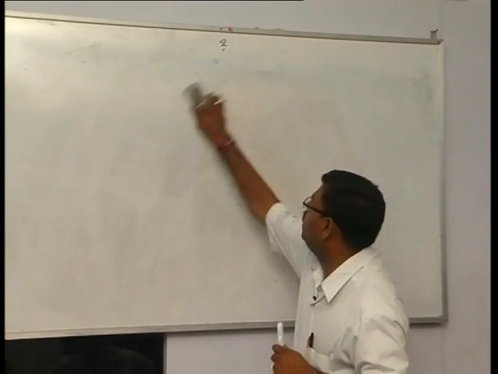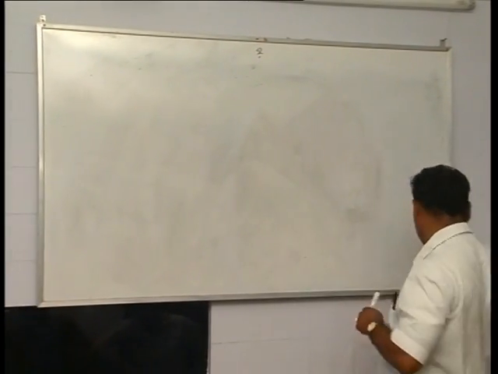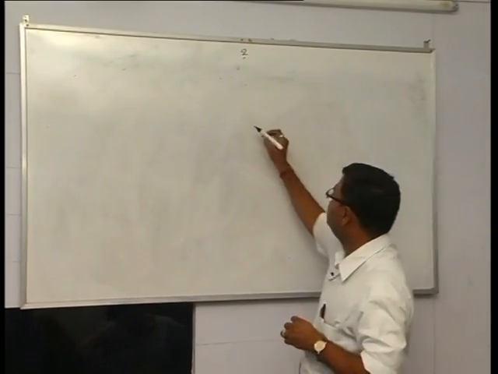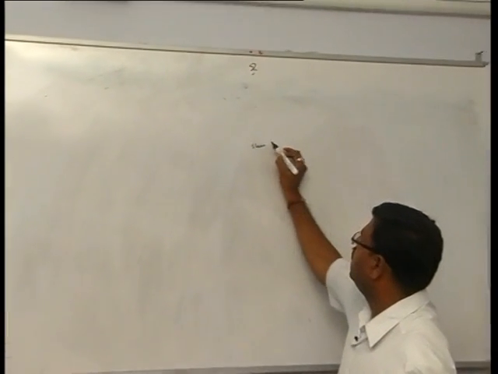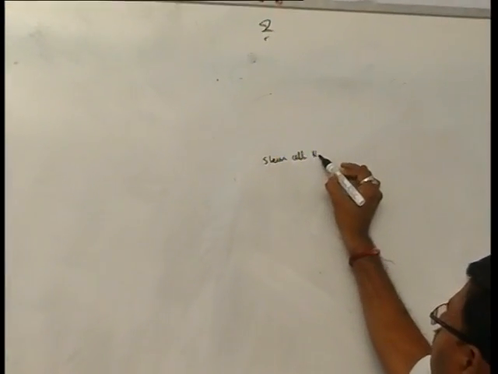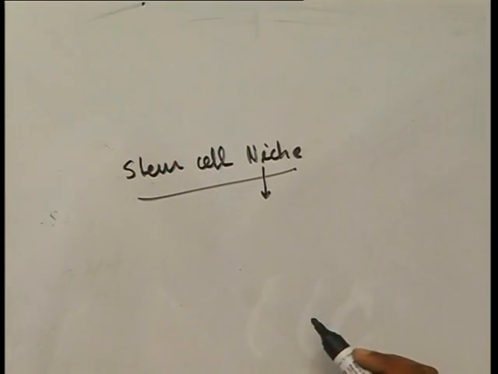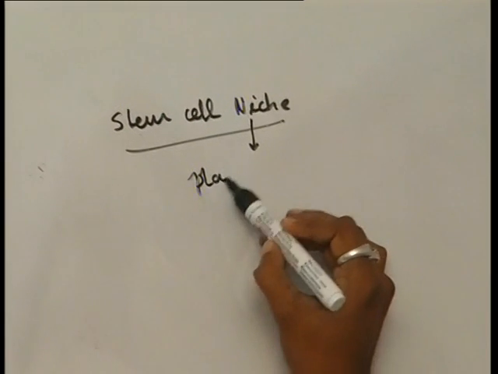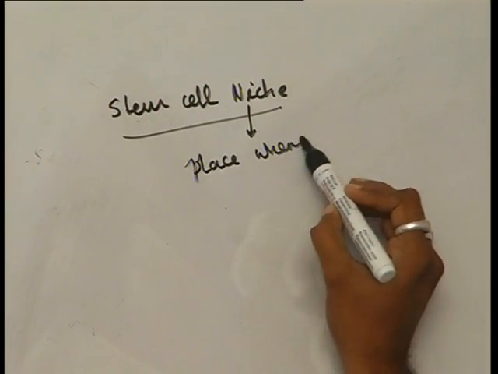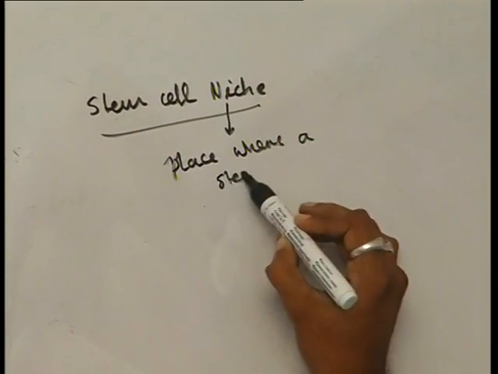Now, we go into niches of the stem cells. What is a stem cell niche? The niche is none other than the place where a stem cell resides.